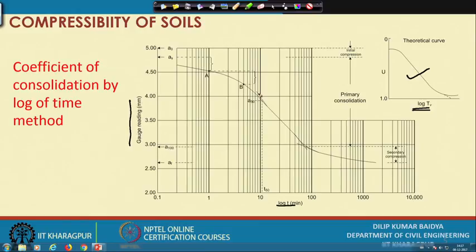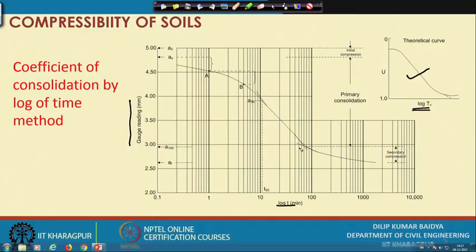So the procedure is to find from this curve the 0% consolidation point and the 100% consolidation point. After 100% consolidation is the secondary consolidation, which we will not discuss right now.